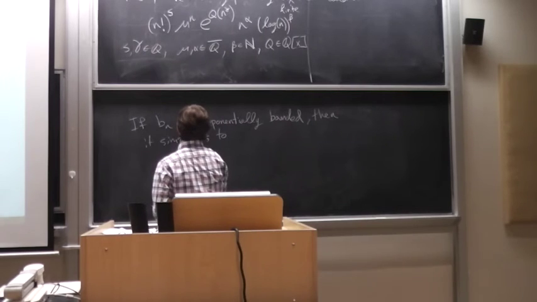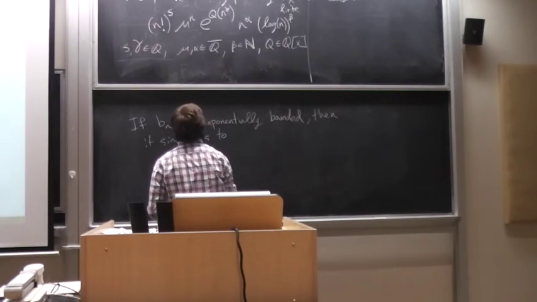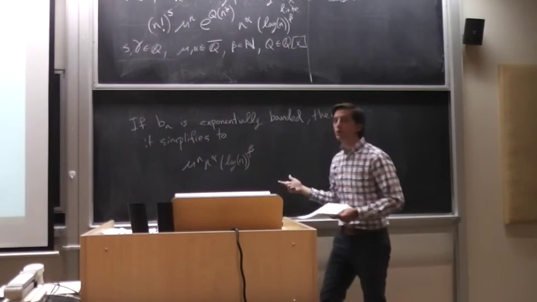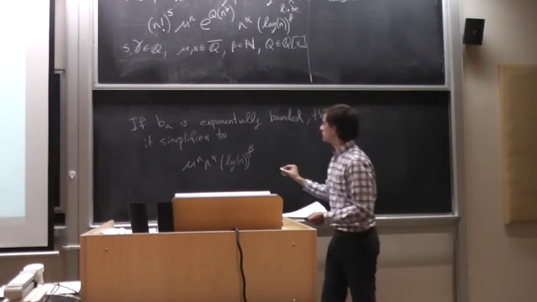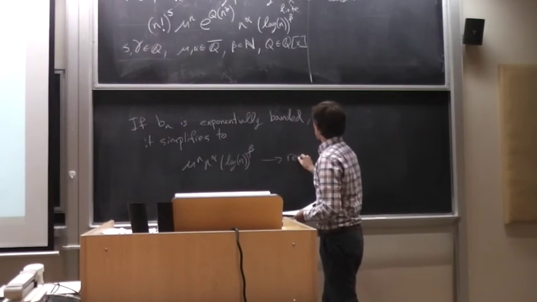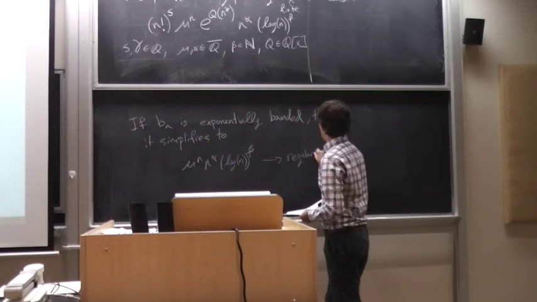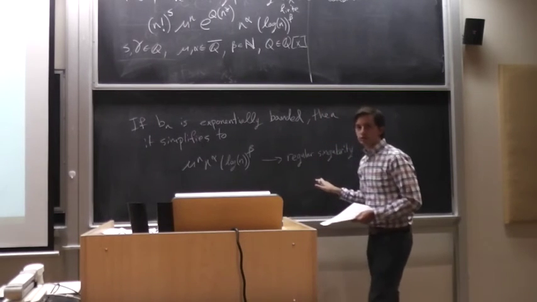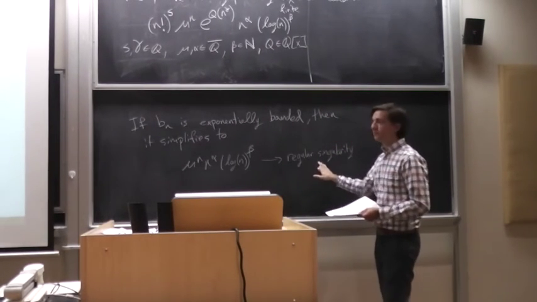And we're just left with a finite linear combination of mu to the n, n to the alpha, log n to the beta. This is actually the growth that most people know about for d-finite functions because it corresponds basically to when you have a regular singularity. Let me give just a quick synopsis of analytic combinatorics to tell you why this is important if you don't know.